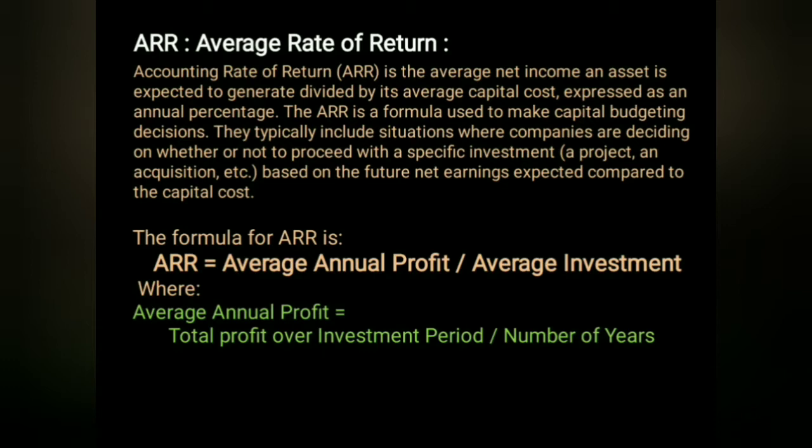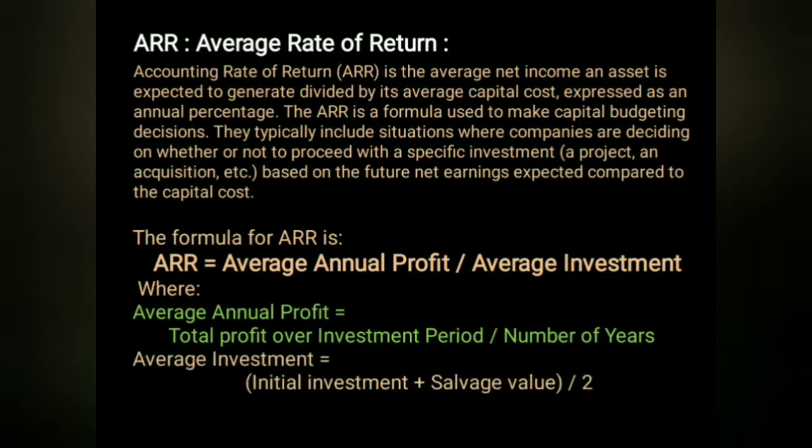Then average investment is calculated by adding the initial investment and the salvage value and dividing by 2; we will get the average investment.